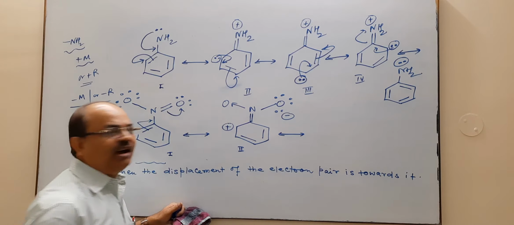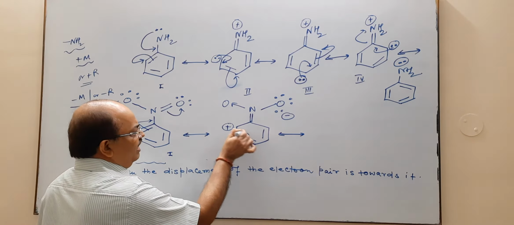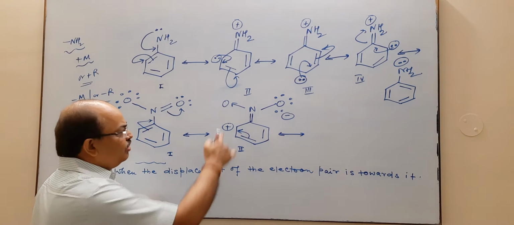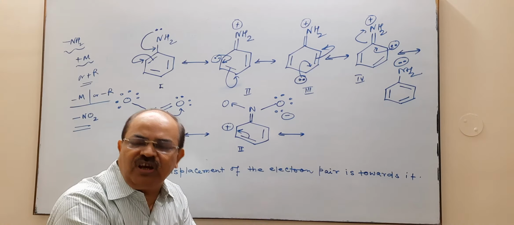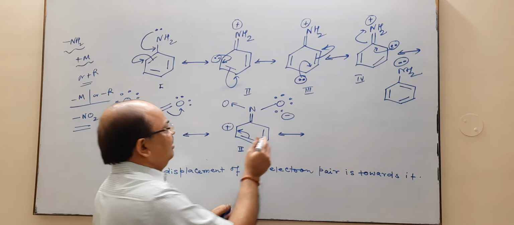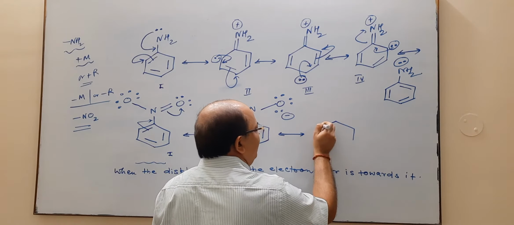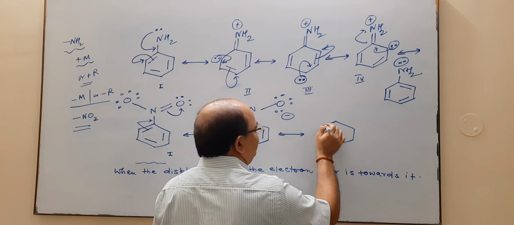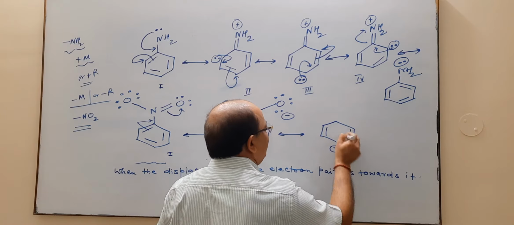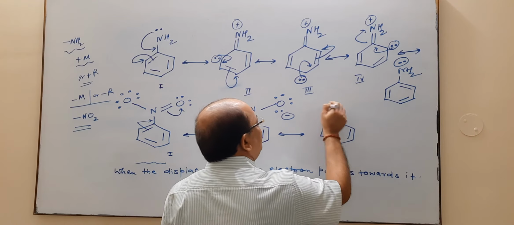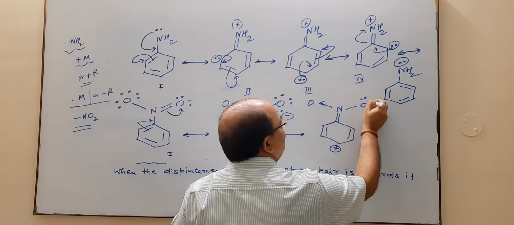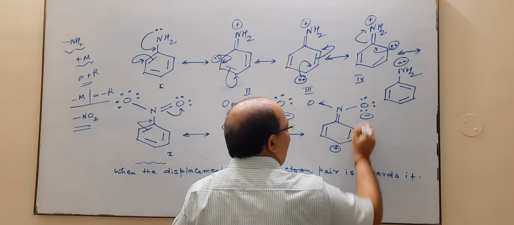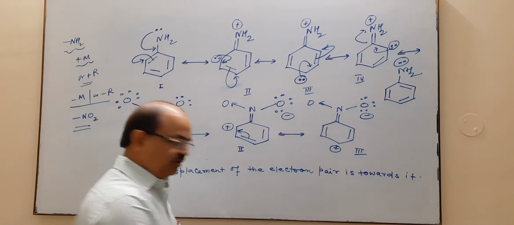Now what will happen in the third? Look, the electron pair of this bond will move to satisfy or reduce the positive charge, to satisfy the tetravalency. Then the third one is like this. In the third, the positive charge will shift at this point. This is a double bond, this is coordinate, this is 2 4 6 and minus, this is structure 3.